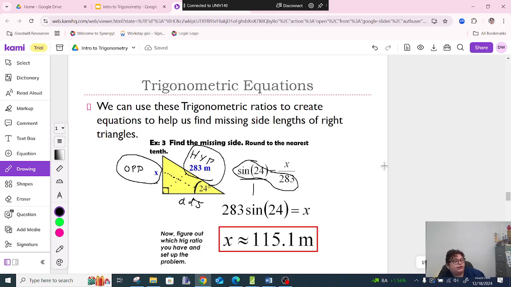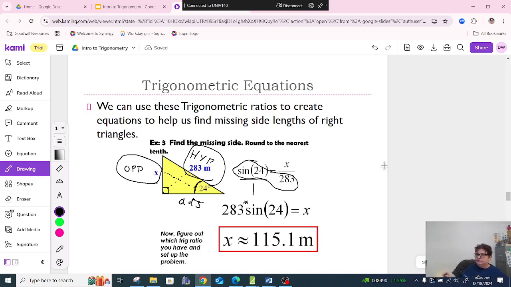So now you use your calculator. What is 283 times sine 24? When you have this number next to here, it's just multiplying. You could put a times in between if you want to, or you could just put sine 24 and then press enter and make sure you get 115.1, because if not, your calculator could be set to a different setting, and I need to fix that, just like I fixed yours.